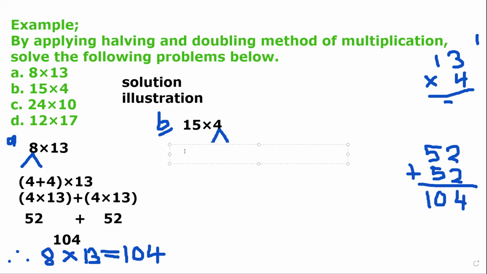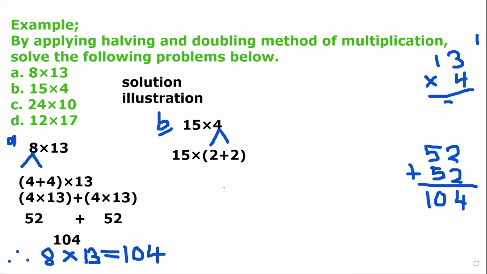Is 2. So the 15 will be used to multiply the brackets here. Then the half of 4 will be 2 plus 2. Okay, good. So this is how it's supposed to be. So now we have this one here.